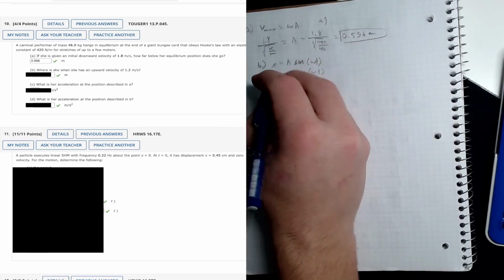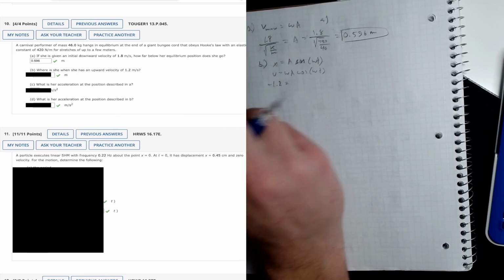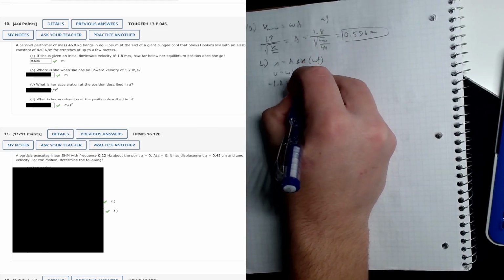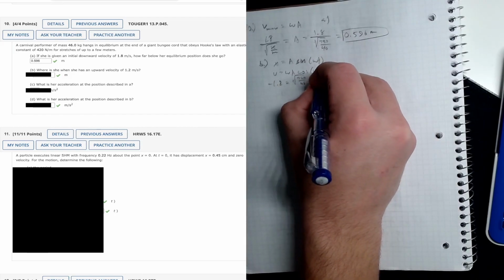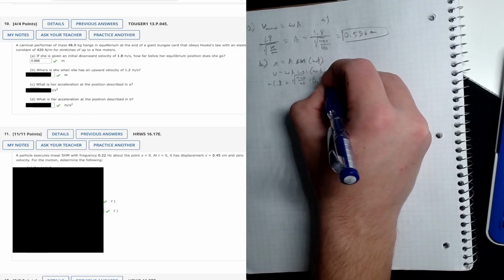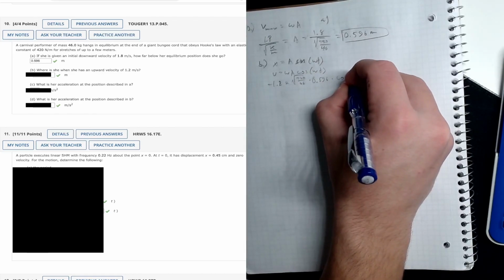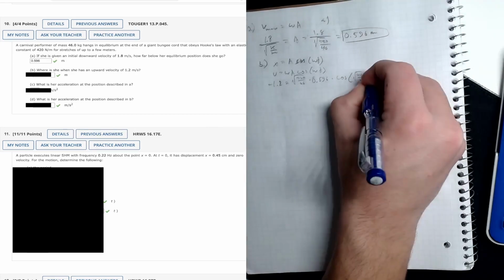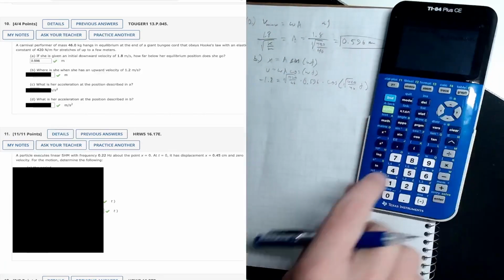In this case, the velocity would be negative 1.2 equals W, which we solved for up there, the square root of 420 over 46, times A, which is 0.596, times cosine of the square root of 420 over 46 times T. We're going to solve for T. We'll just do that out.